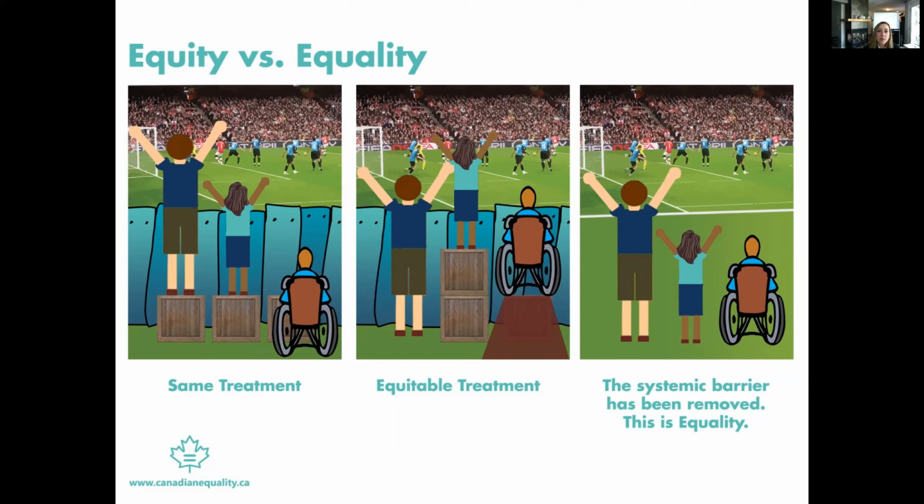This is what a GBA Plus analysis will help you see in order to determine appropriate intervention. GBA Plus helps you understand the unique needs of each of those 3 people, and then allows you to better support them. And in the third image, that is where the systemic barrier, which was the fence, was detected and has been completely removed. And that is essentially what equality is, or sometimes also known in the workplace as inclusion as well.